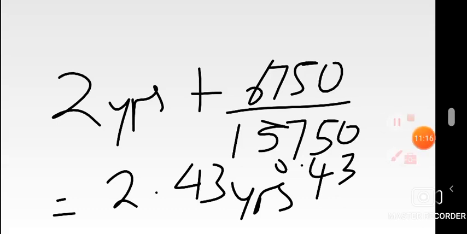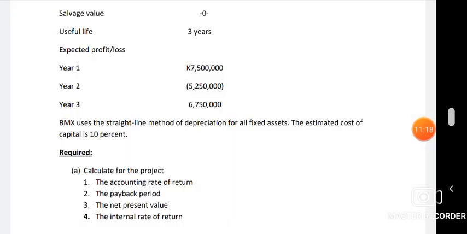Next appraisal technique. The next technique is asking for the net present value. Well, the net present value is a measure that requires what? Cash flows as well. Just remember that. Most of the time when looking at net present value, our cash flow should be after tax. Even though we did not talk about that in the payback period, all our cash flow should be after tax. You'll notice that our question is rather silent on tax.